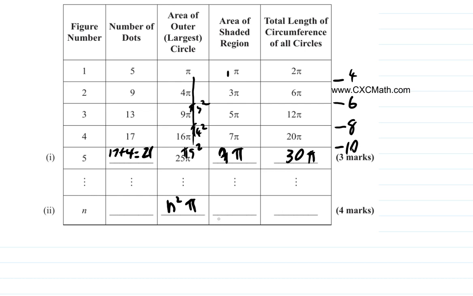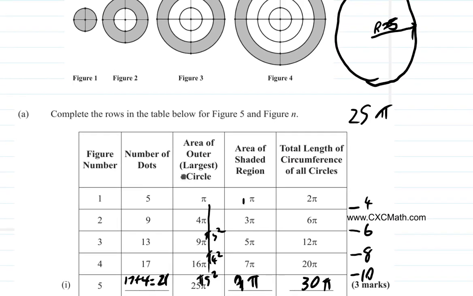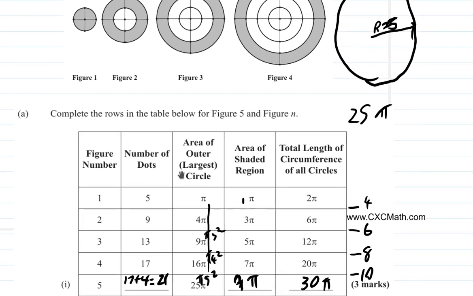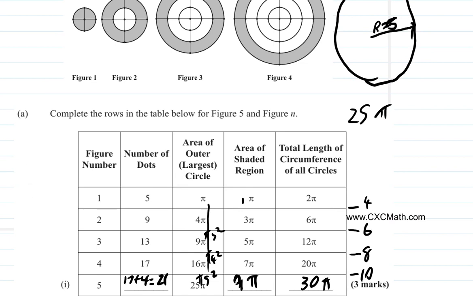You have this. Now, as for this one, number of dots, you have 1. Now, this figure 1, you have 1 dot plus 4 by 1. You can see it, 1 circle. Figure 2, it's 1 dot in the middle plus 2 more circles around it, 4 by 2. 2 fours is 8 plus 1, 9.